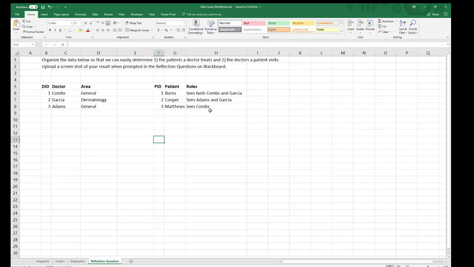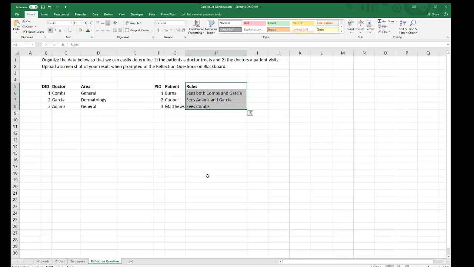So what I would like you to do is organize the data as best you can so that if you look at it again, you can tell quite simply, without the set of rules, which patients a doctor treats and which doctor each patient sees.